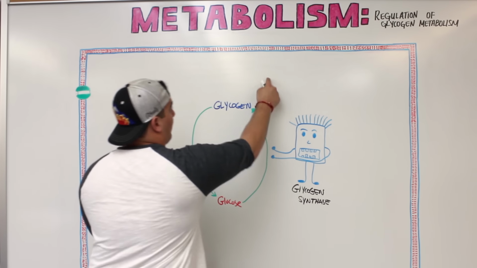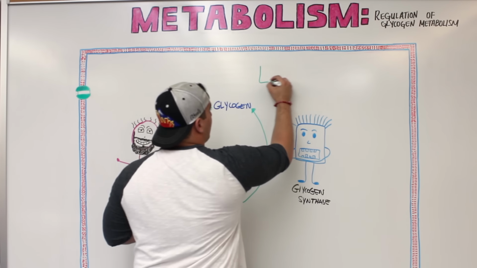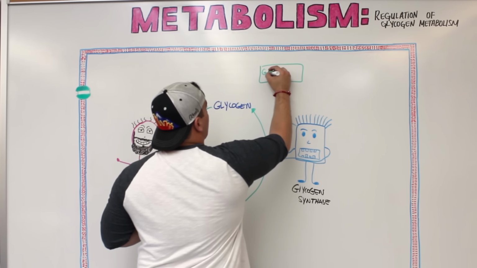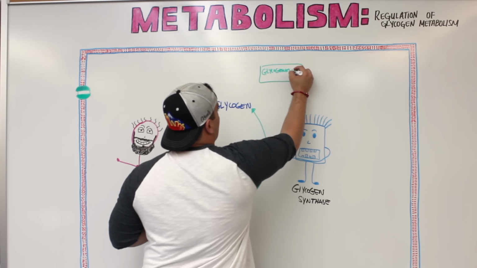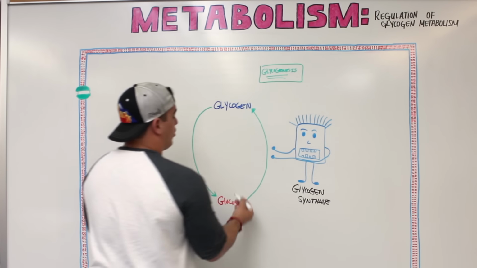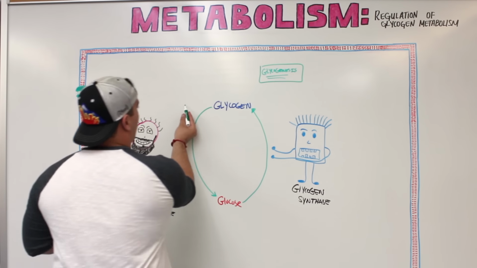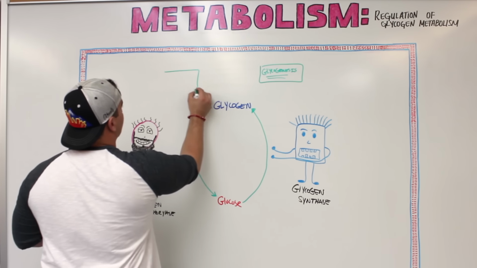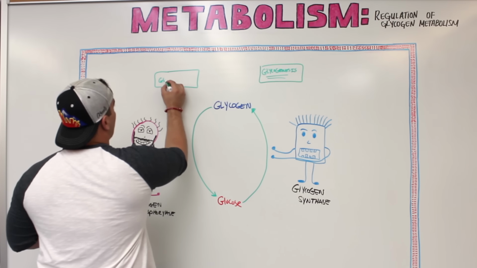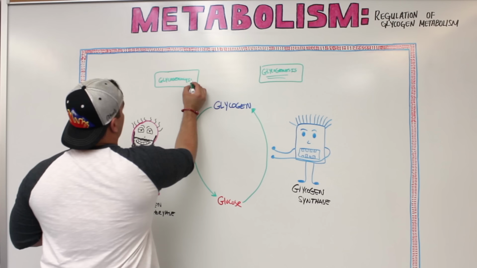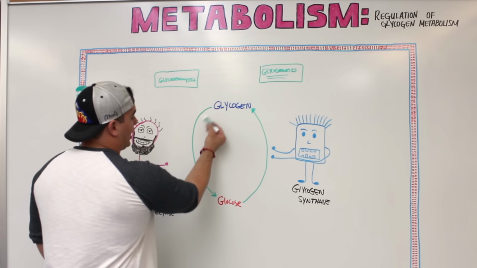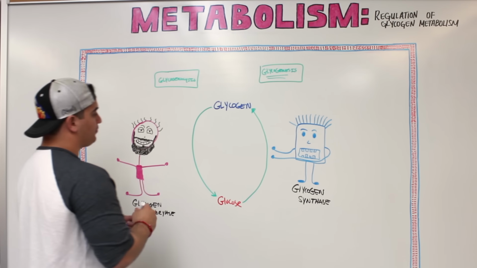So if I write on this side here, this side is going to be glycogenesis. Glycogenesis is going from glucose to glycogen. And then over on this side, you're going to have glycogenolysis, taking the glycogen and breaking it down to glucose.